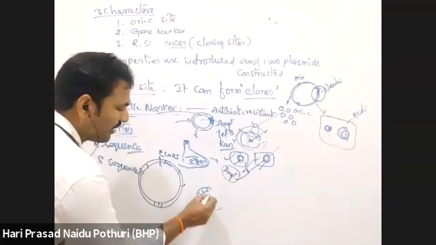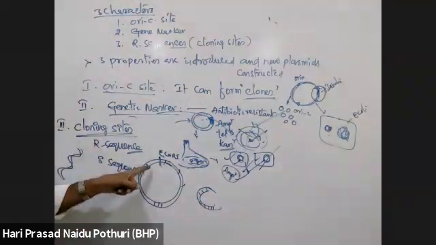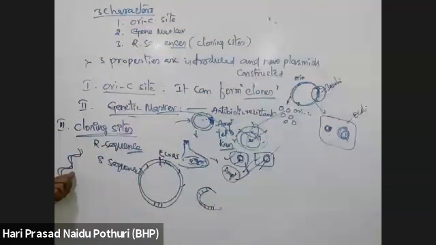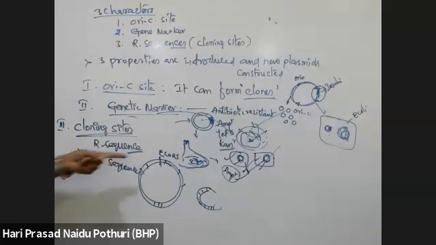As we discussed already, when we cut a plasmid with one enzyme, the DNA should also be cut with the same enzyme. If that EcoRI restriction sequence is not present in this gene, what can I do? No use. That is not possible. Even cutting the DNA by that enzyme is not possible.